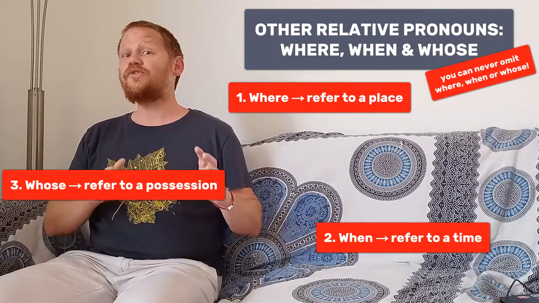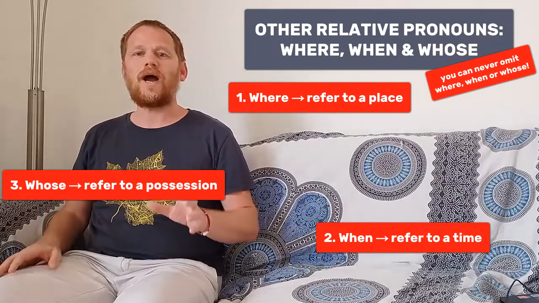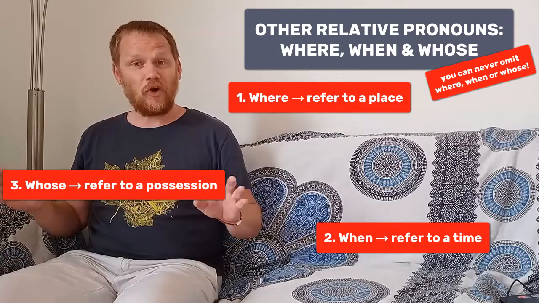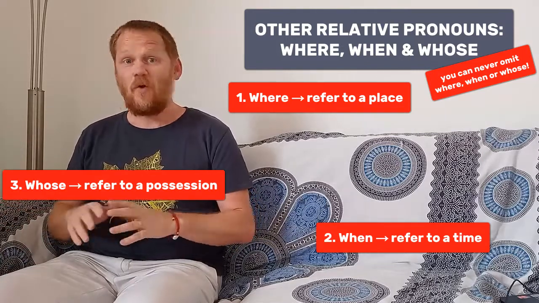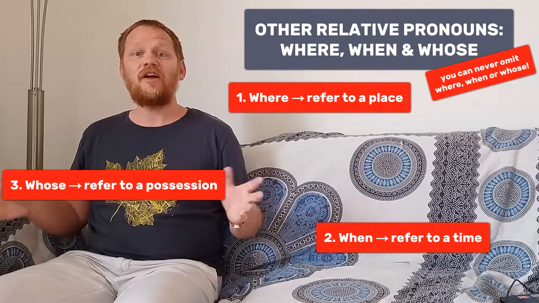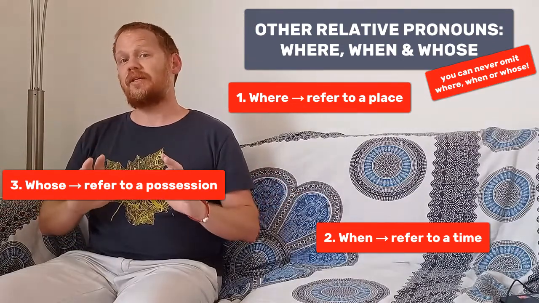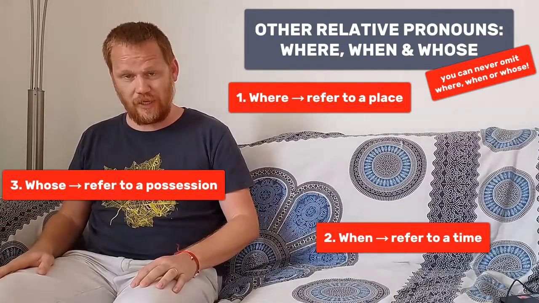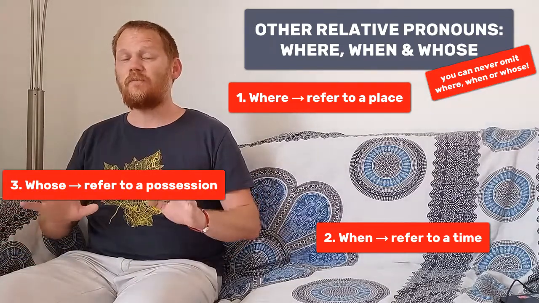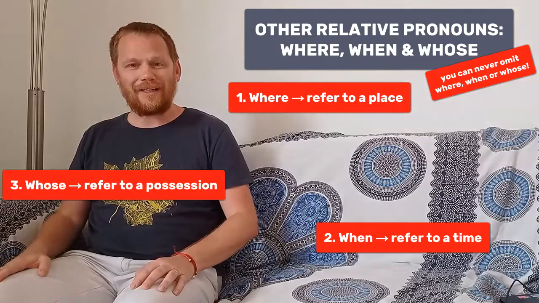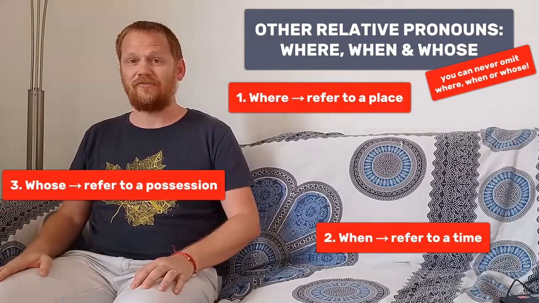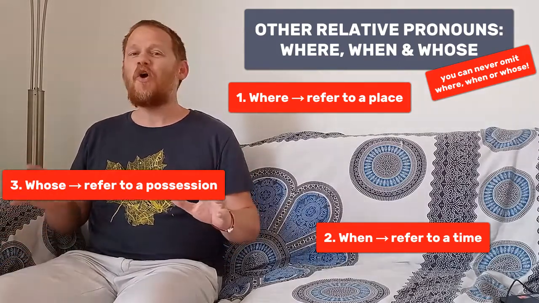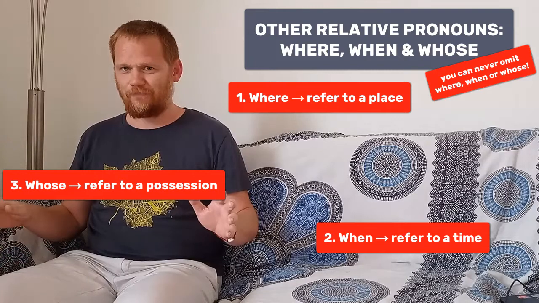Now, when using these question words where, when, and whose, then you can never omit them, okay? Why? Easy enough, because they will never be the object of your relative clause, okay? So you can never omit where, when, or whose in a relative clause, independently of whether it's defining or non-defining, okay?